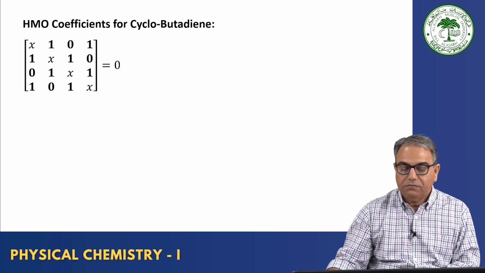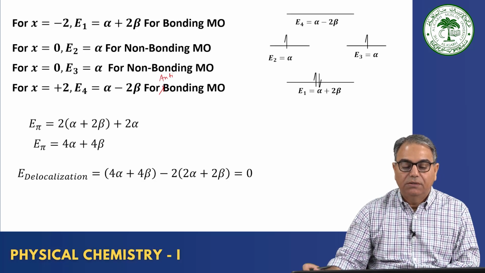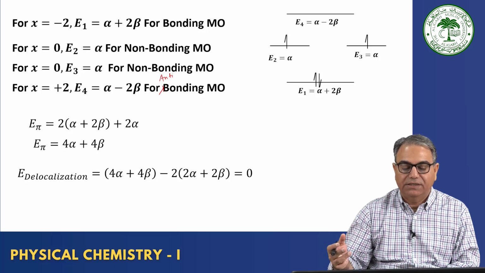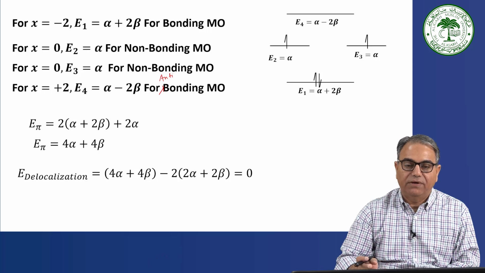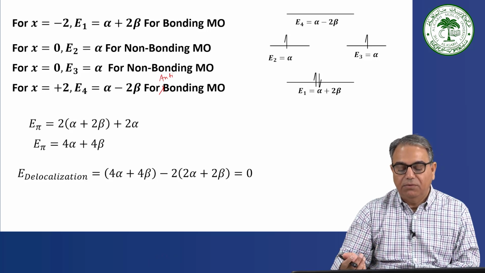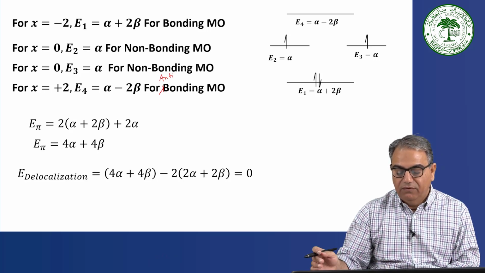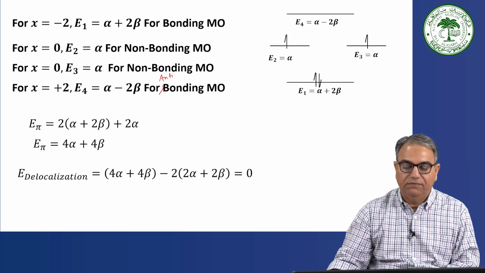In contrast to the butadiene system, a straight chain compound, where we got some delocalization energy, in cyclobutadiene we do not get any delocalization energy, because the total energy of the pi system is 4 alpha plus 4 beta, and 2 ethylenic bonds will again give you the same energy, 4 alpha plus 4 beta. So delocalization will not give you any energy.